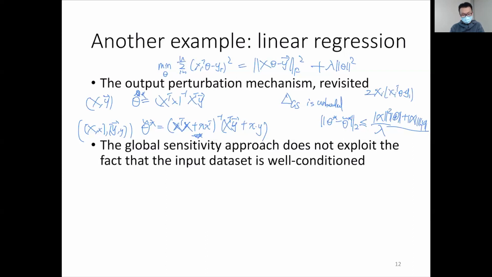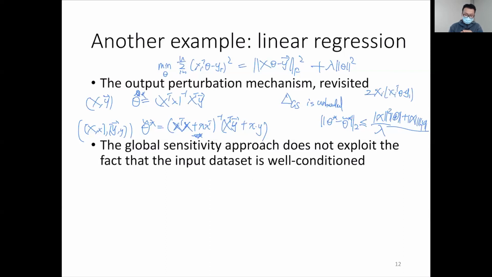And by design, some of these X satisfy properties that make them more well conditioned, so that we can get a good estimate of this theta with narrow confidence intervals in all the coordinates. In other cases, when X is randomly sampled from some distribution, if your feature is selected appropriately, then this X should also be somewhat well behaved.